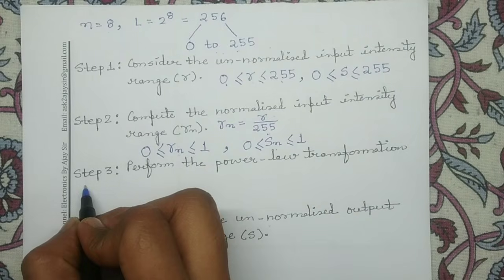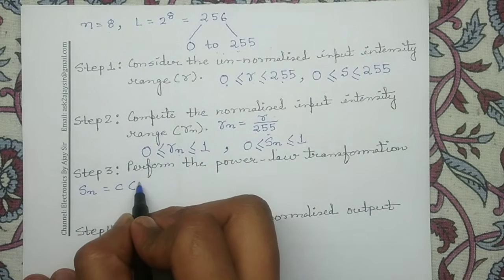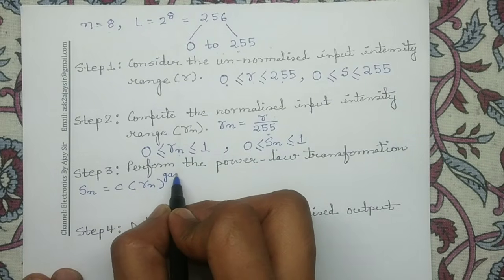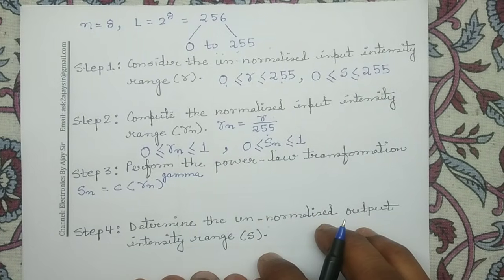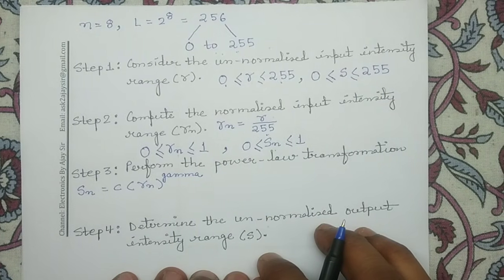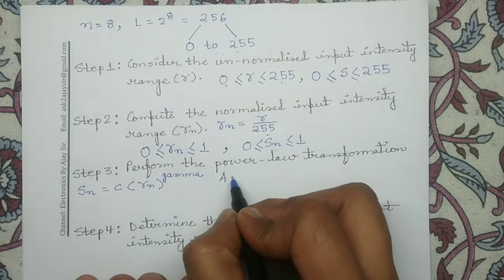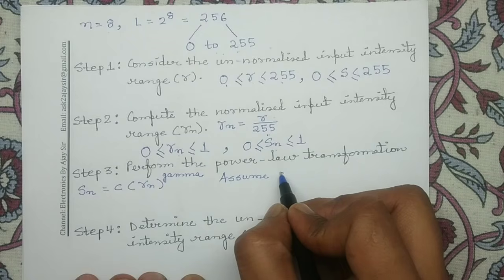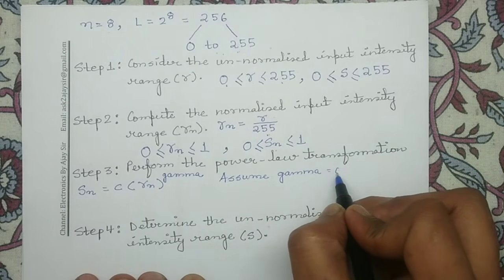We will write down this equation: Sn equals C into Rn to the power gamma. And in order to understand the power law transformation characteristics for gamma less than 1, let us assume some gamma value which is less than 1. So let us assume gamma equals 0.2.